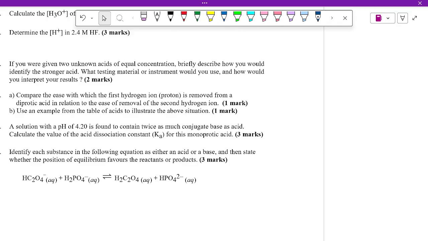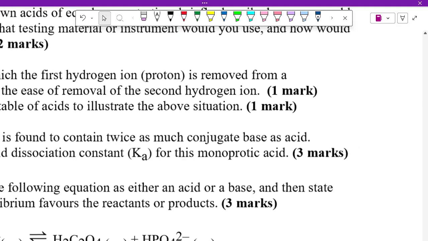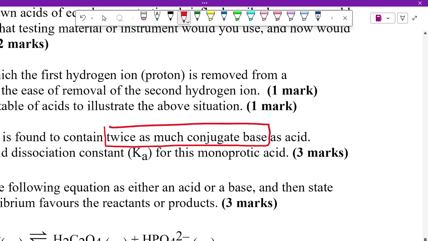Like it contains twice as much base. Therefore, is there more base or more acid? More base. Less acid. Yeah, so this is going to be X, this is going to be 2X.